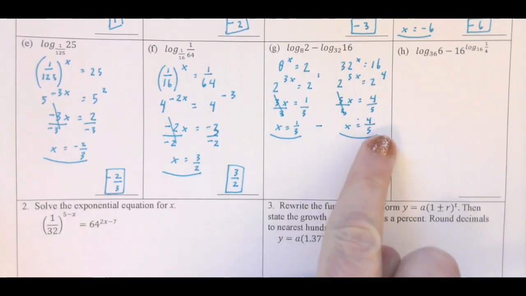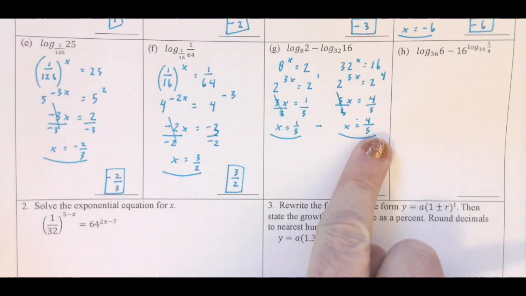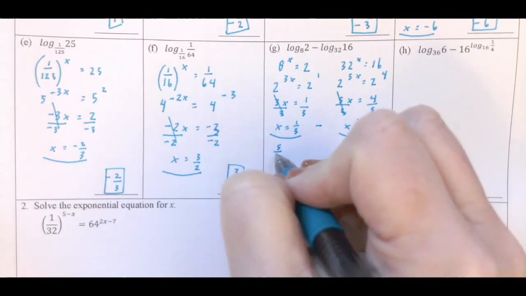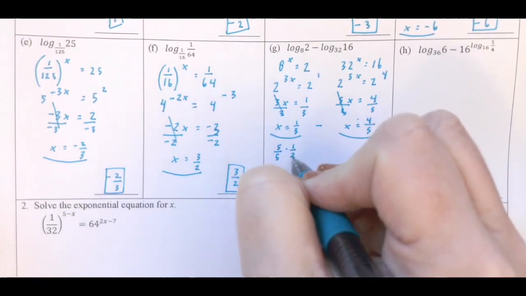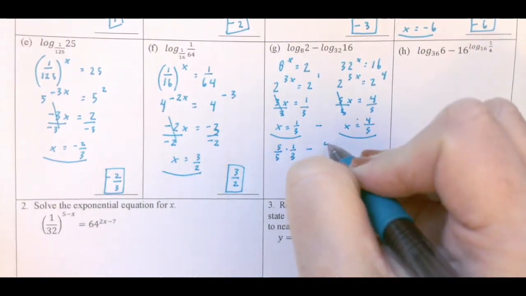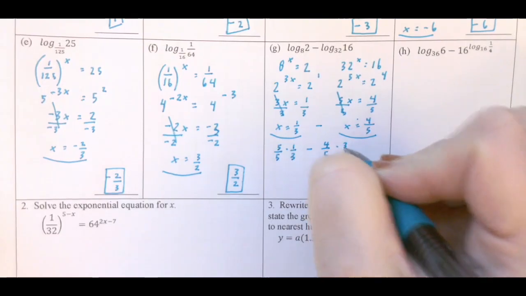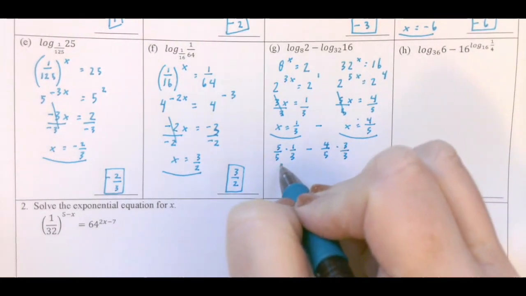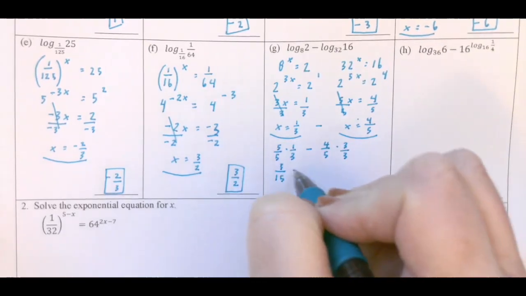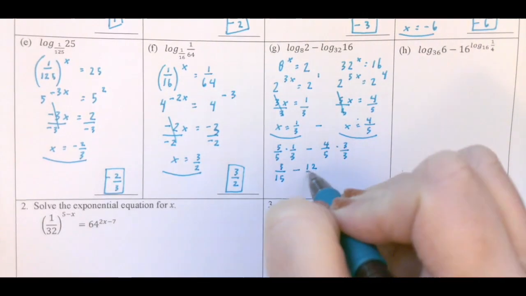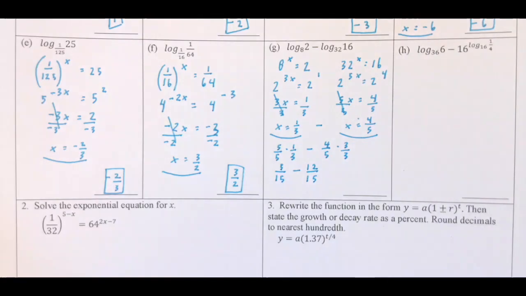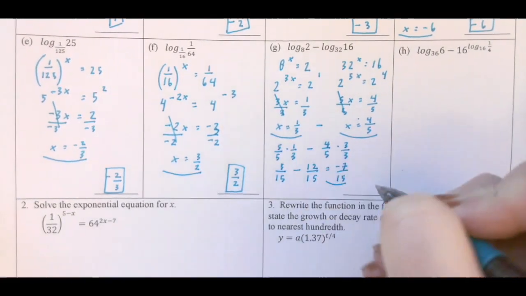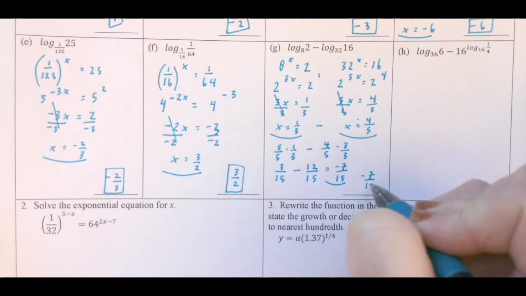Here I have a 3, here I have a 5, so my common denominator must be 15. So here I'm going to multiply by 5/5 times 1/3, and here I'm going to multiply by 3/3 times 4/5. So 5/15 minus 12/15 is going to get me -7/15. Final answer.